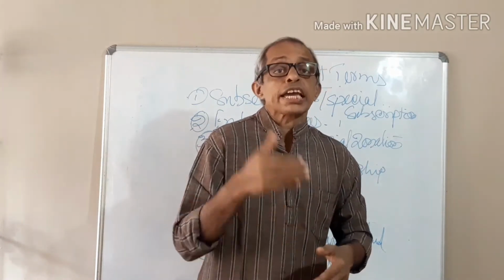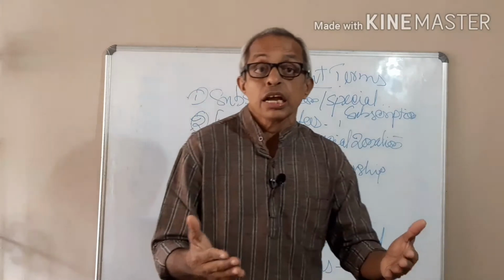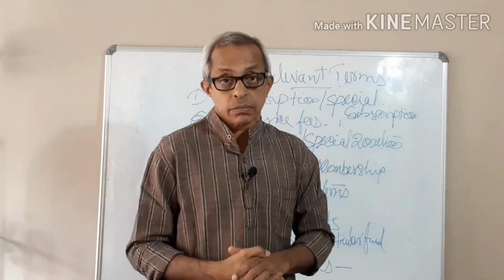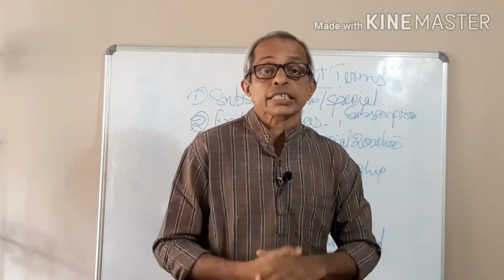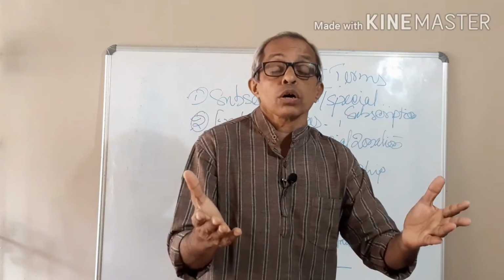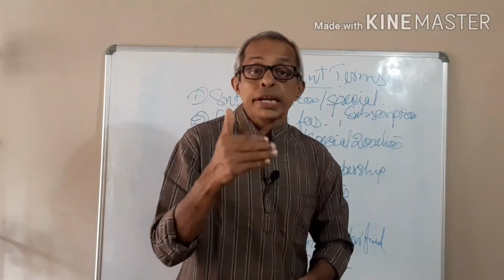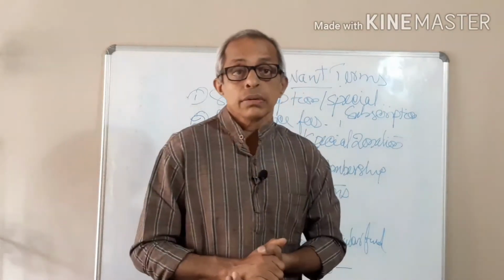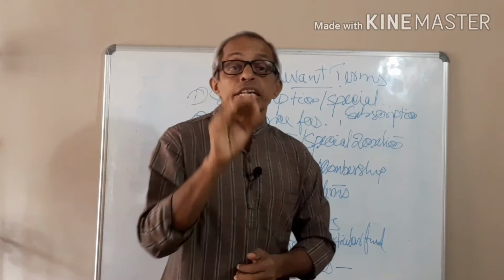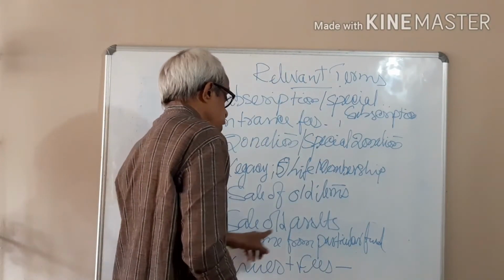That means every year there will be sale of old items, especially in the case of libraries, the old newspapers, old magazines, etc., and in the case of sports clubs, old sports materials. Such a sale may be treated as income, and the same should be shown on the income side of income and expenditure account.